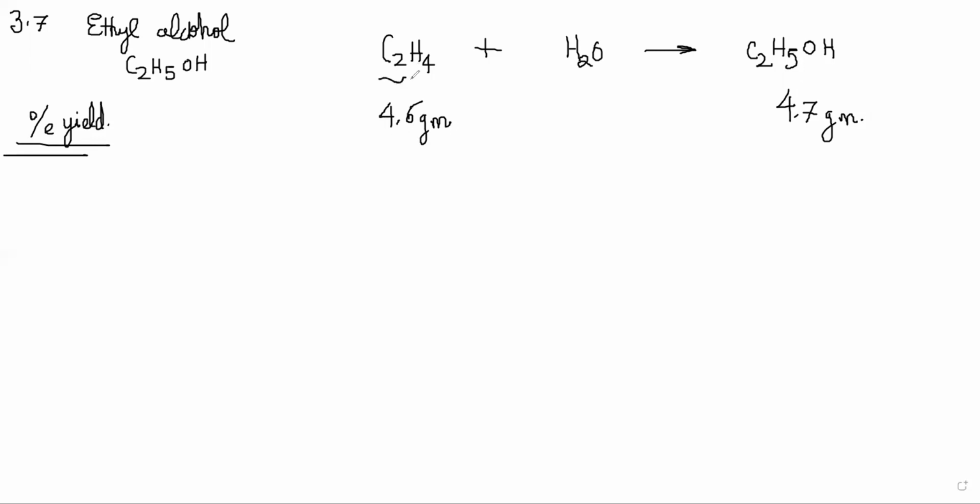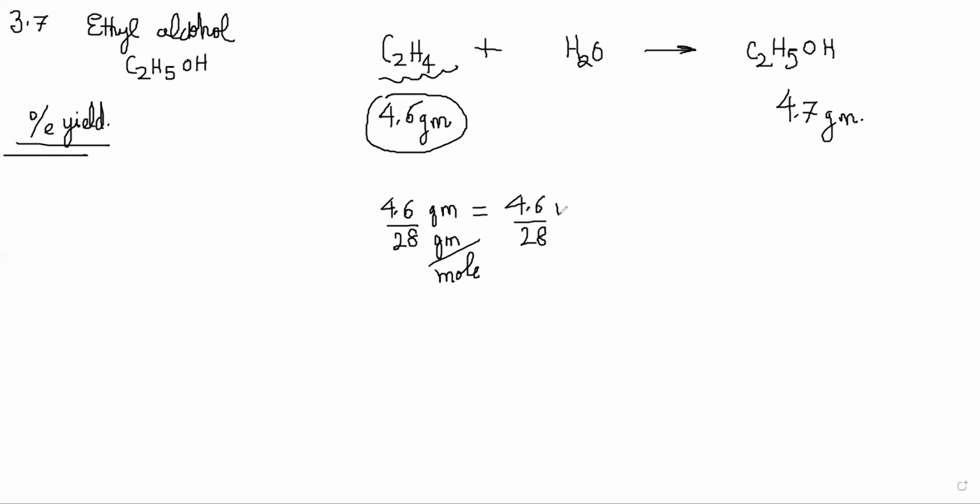So think about it. What is the number of moles of this present in 4.6 gram? Carbon is 24 and the total is 28, so 4.6 by 28 gram per mole. That becomes 4.6 by 28 mole.